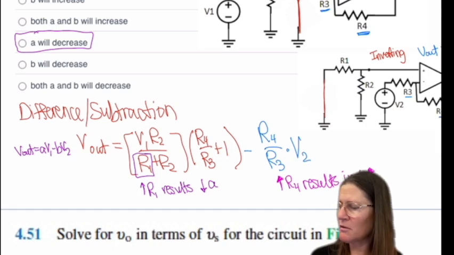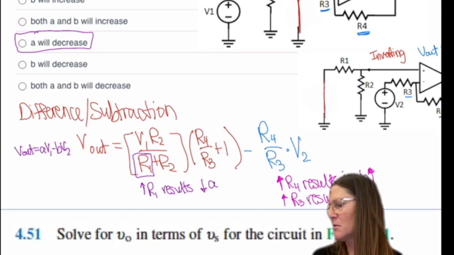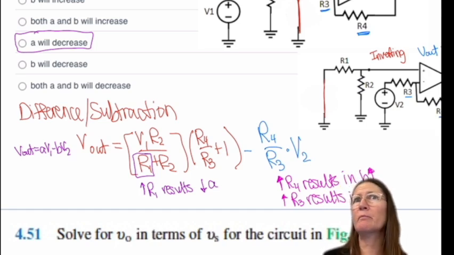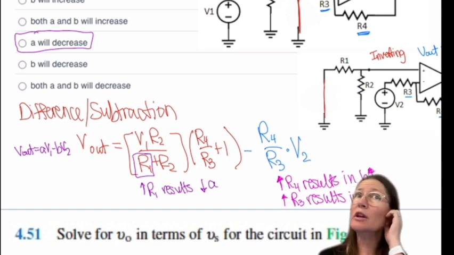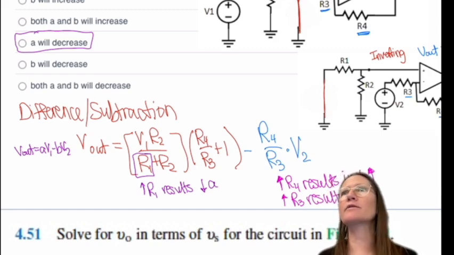If we increased our R3, results in what change in B? It decreases. Correct. Does that make sense to everybody? Okay. Any questions on this? So with this one, you need to look at the actual output equation and then see the effect from that.